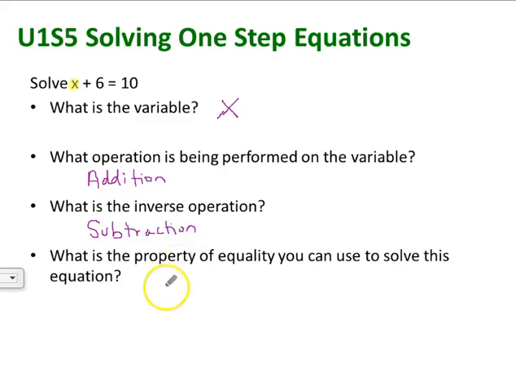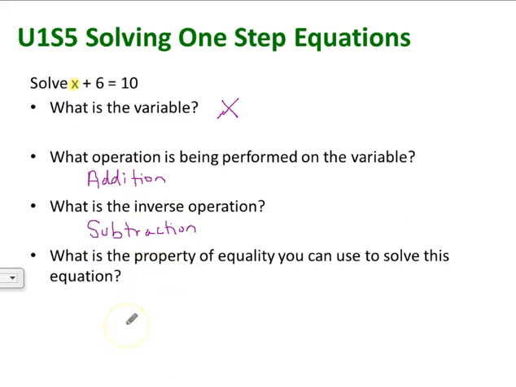So the inverse operation that we're going to use to solve for x in this equation up here is going to be subtraction, correct? Because right now x is being added to, we're adding 6 to it. That's the operation that's being performed. And the inverse operation is what we use to solve for the variable. So the inverse operation is going to be the opposite of adding, which is subtraction.